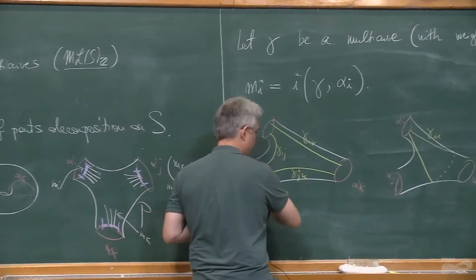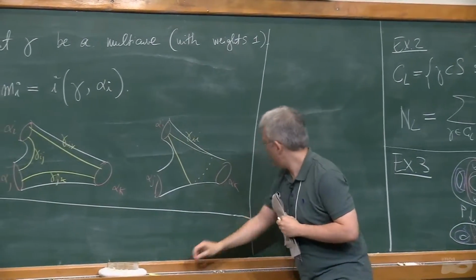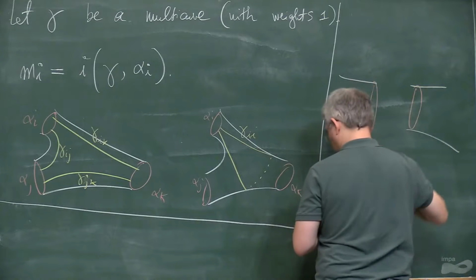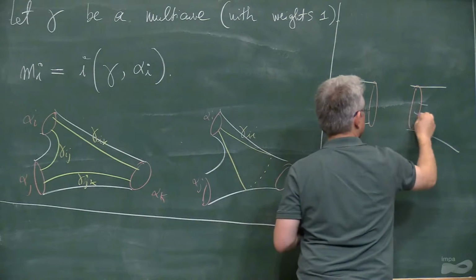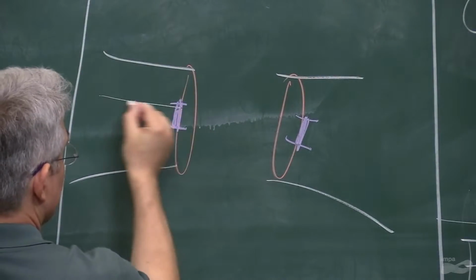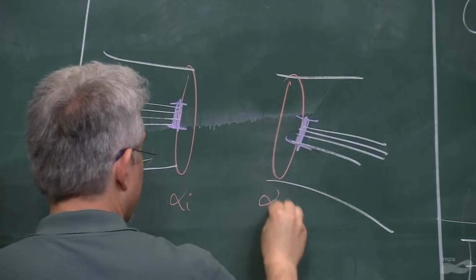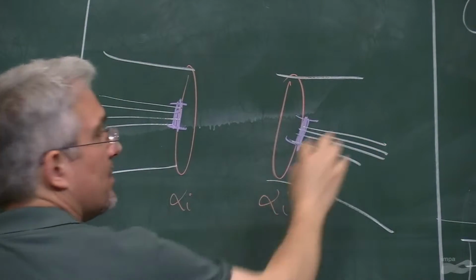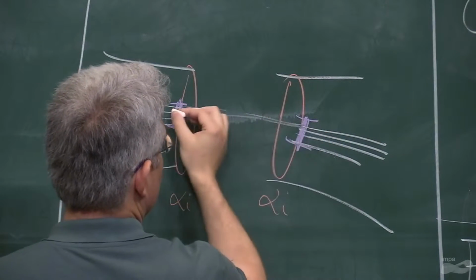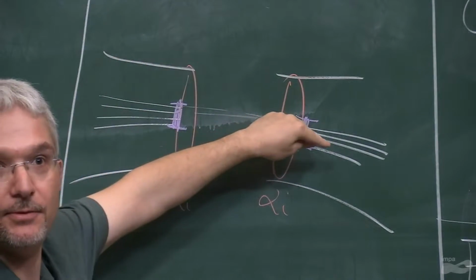The problem is when you want to glue two different pens, so this is telling us what's happening inside the pair of pens. The problem is that once you have two pens that are glued, so here we have mi, suppose this is alpha i, and this is alpha i, and here we have mi coming here and mi going there. Then you might glue them just taking the first to the first, the second to the second, and so on. Or you can shift by one, and you can have the first one go around.